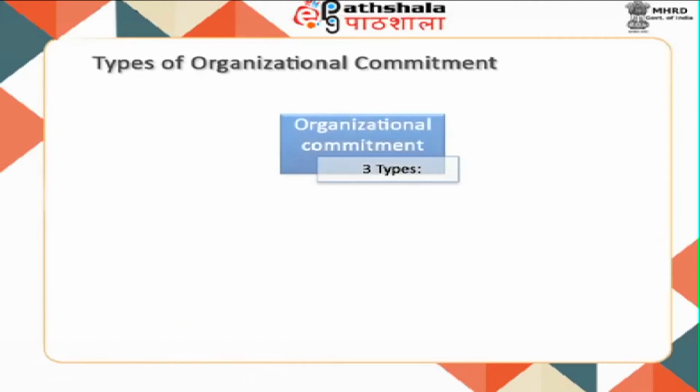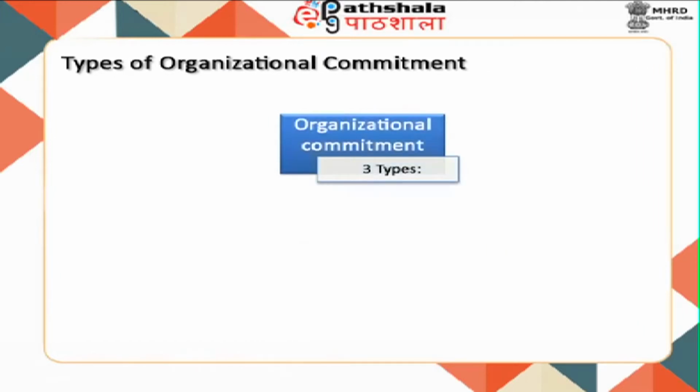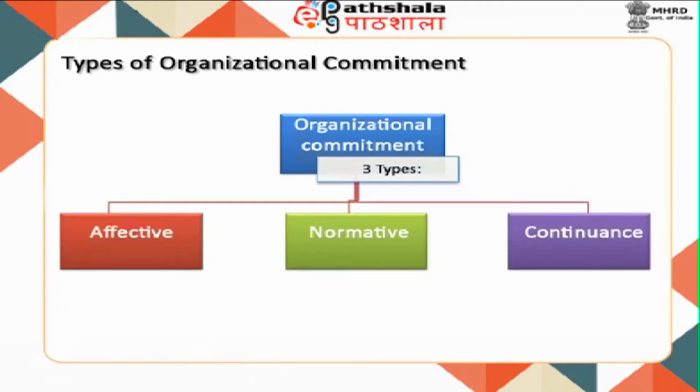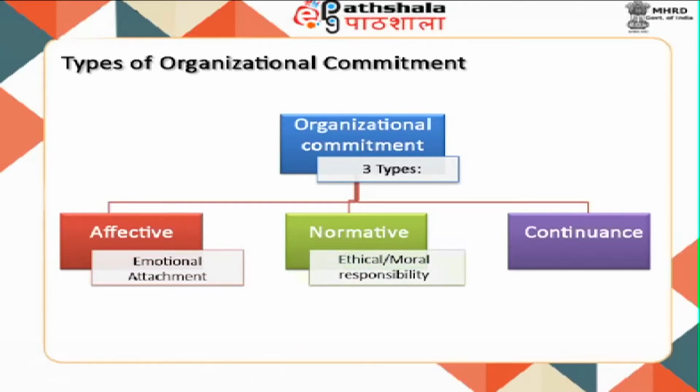There are three types of organizational commitment: affective, normative, and continuance commitment. Affective commitment is related to the emotional attachment and belief of an employee towards her or his organization. Normative commitment refers to the ethical and moral responsibility or obligation of an employee to stay put in the organization.